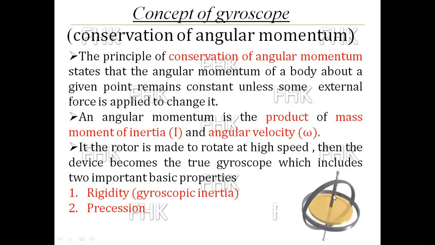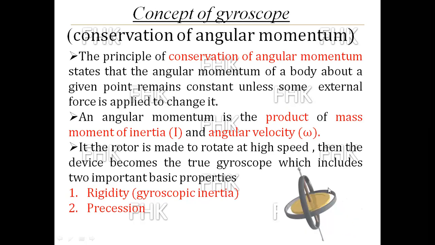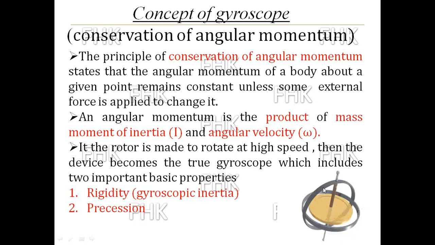When you are playing with the top, it rotates continuously, and if you apply force with the help of your finger, the angular momentum will break. That is nothing but the principle of conservation of angular momentum.